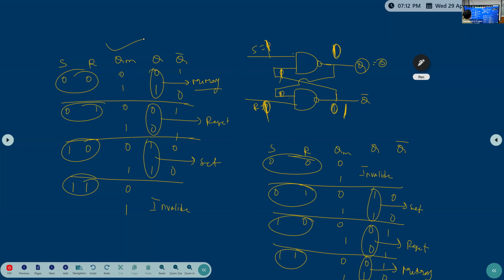So that's the reason we invented one more type of latch, that is the gated SR latch. What they did? NAND gates they took.